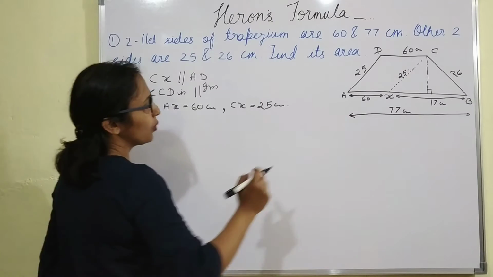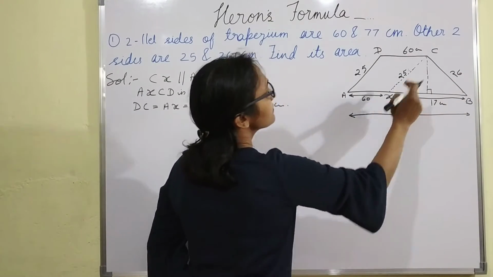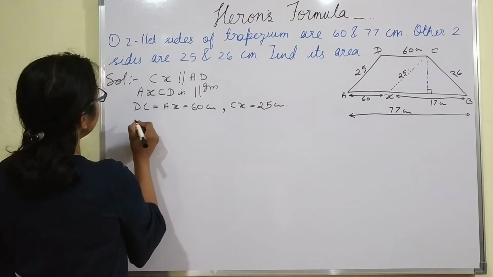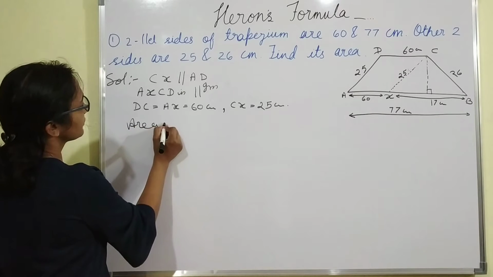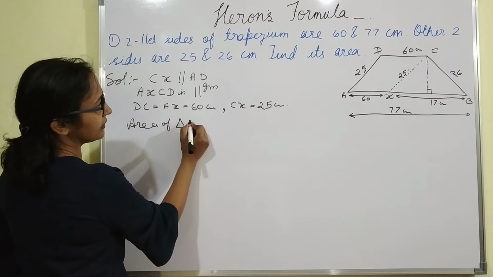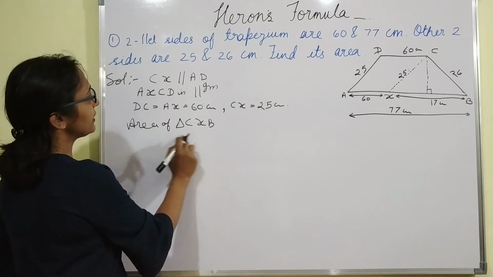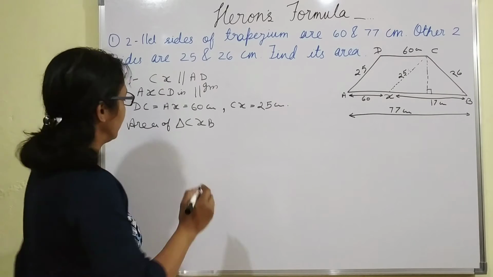Okay. Now we will find out the area of triangle XCB to get the altitude. To get the area of triangle CXB, we will apply Heron's formula.